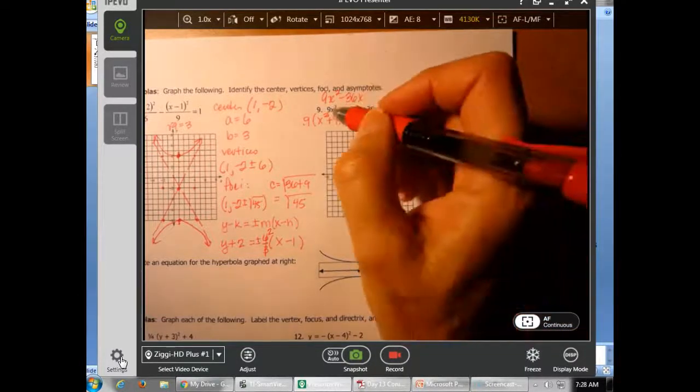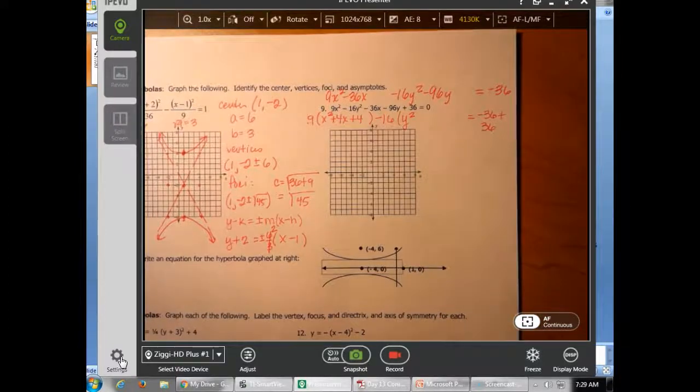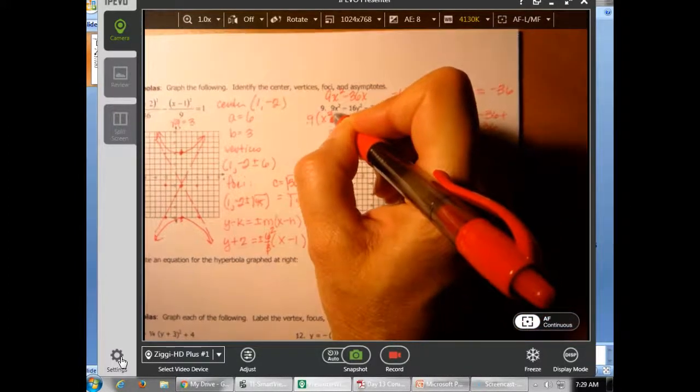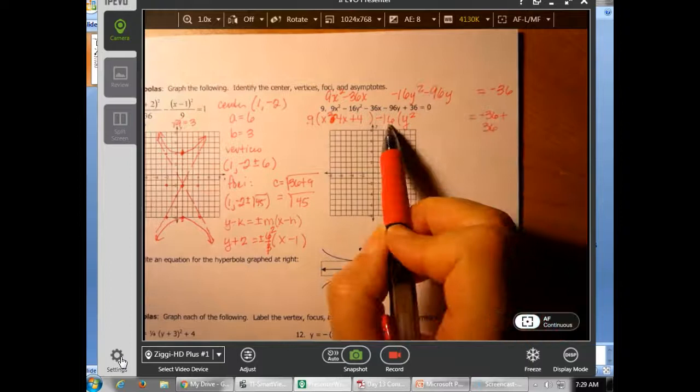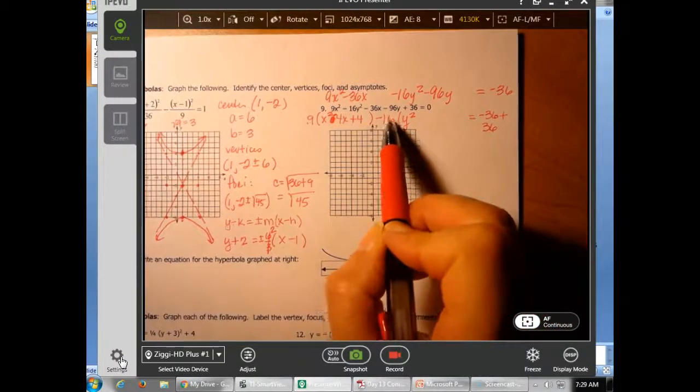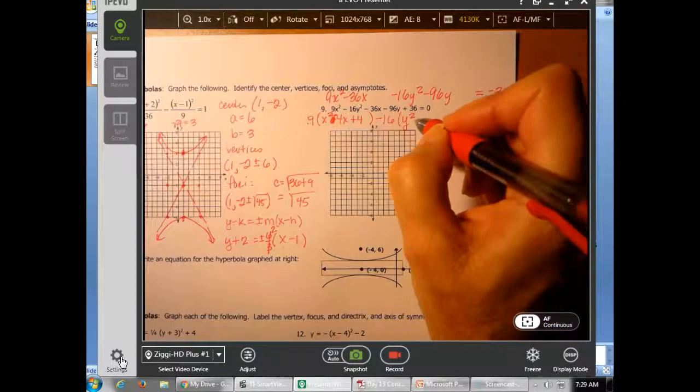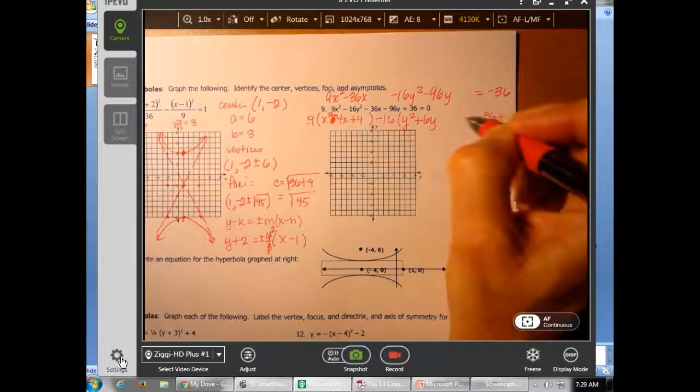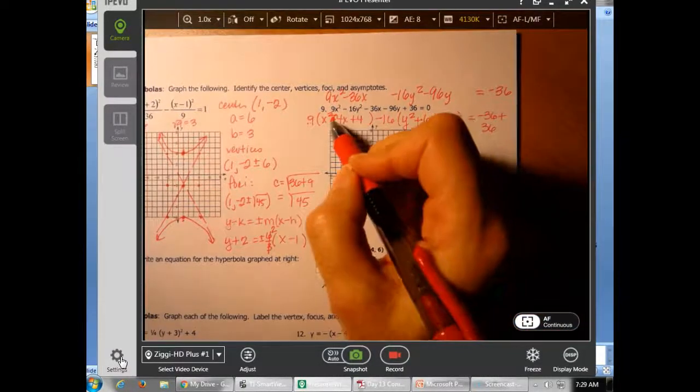No, it shouldn't. I'm so sorry. That should still be what that is right there. So this should have been a negative like I did, but this one will change signs because I'm factoring out a negative. So it's going to be y squared plus 6y for this. So sorry I confused you on that.